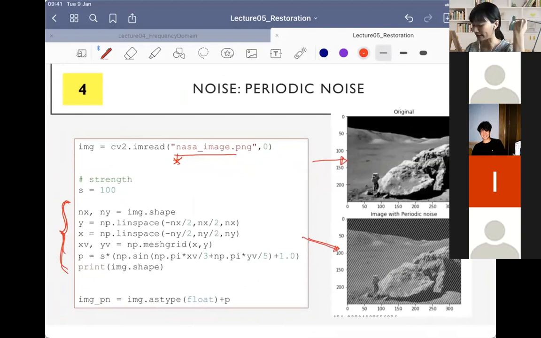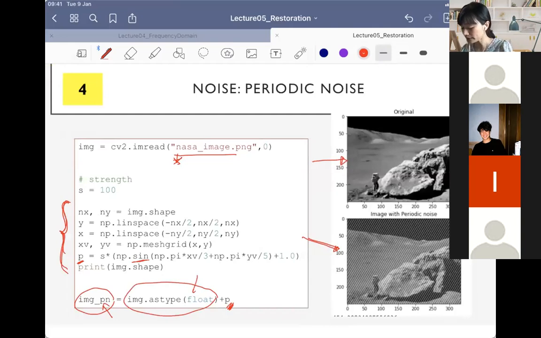You see the image that has been affected by the periodic noise, which is just the original image, but the type has been changed to float so it can be combined with floating numbers. And I've added the periodic noise that I created using the sinusoidal, the sine function. So this is the image that has been interrupted by periodic noise.